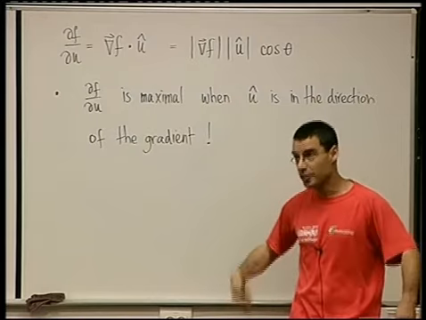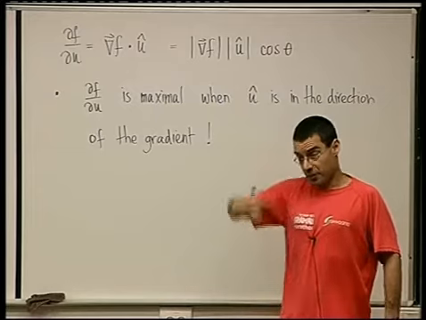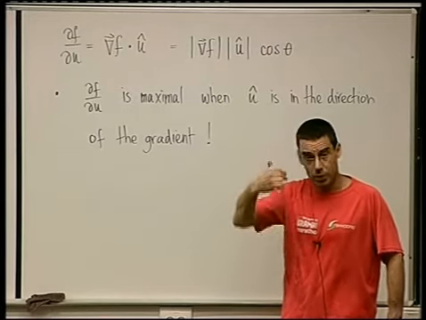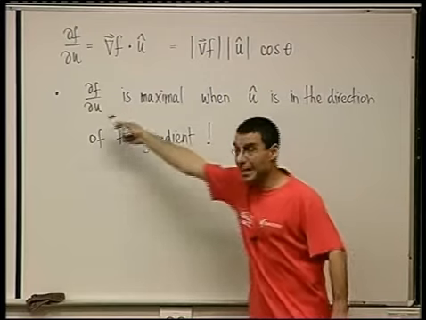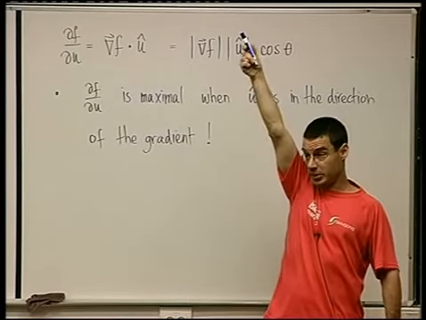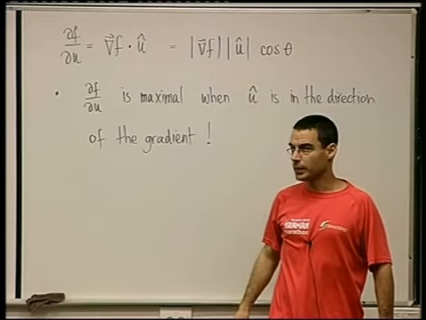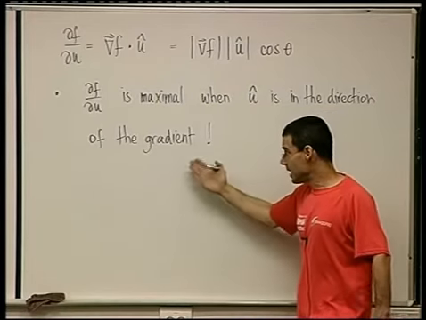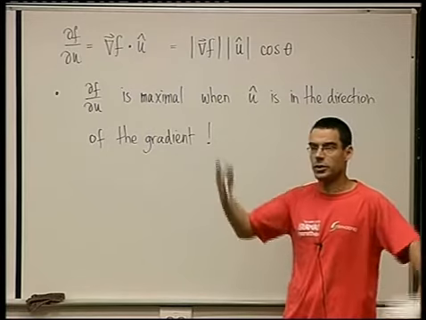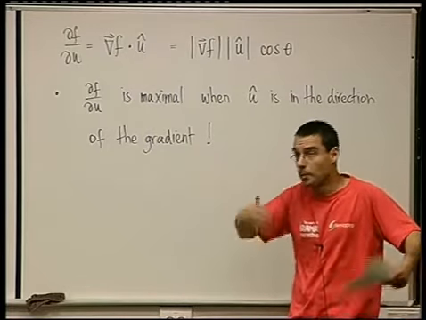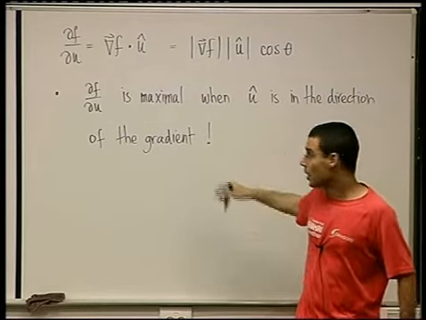If you're standing there physically, you can just look and see which direction looks steepest. But if you're mathematically standing at a point on a graph of a function and you want to know in which direction the directional derivative is biggest, the steepest slope, it's the direction of the gradient. And that in fact is used in everyday language. People say, what's the gradient? The gradient, the slope at a point. Clear? Everybody good?